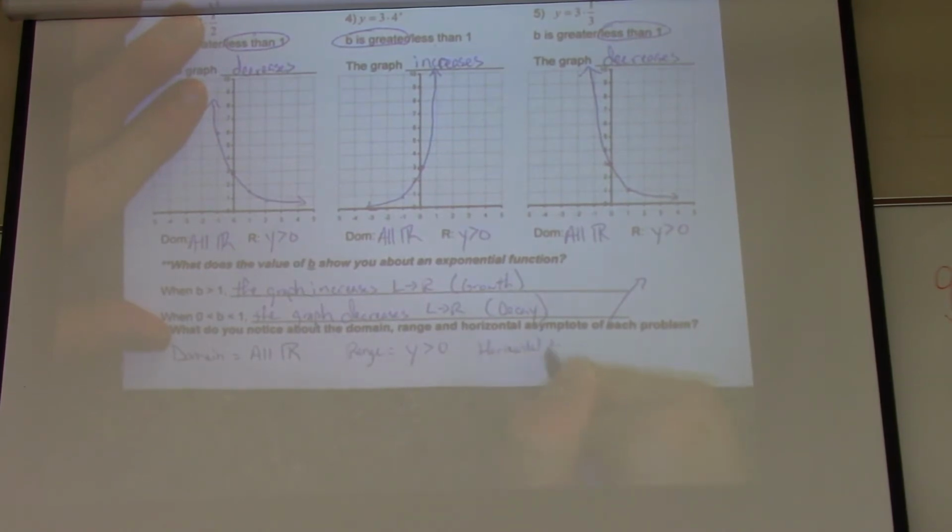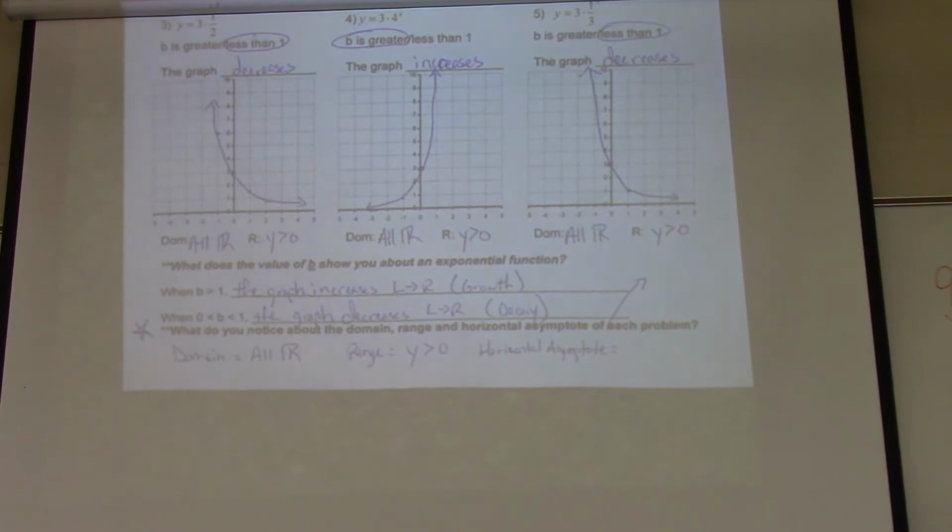Now for this horizontal asymptote thing. Anybody remember what an asymptote is? We talked about it in the graphs of tangent. We talked about vertical asymptotes, where they just kind of look like the dashed vertical lines. Remember that? Horizontal is just a dashed horizontal line. And a horizontal asymptote means the graph cannot cross that line.